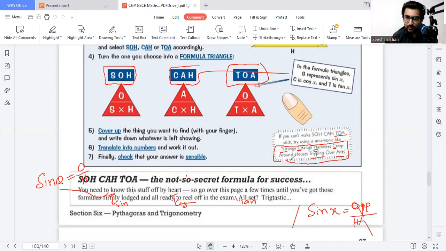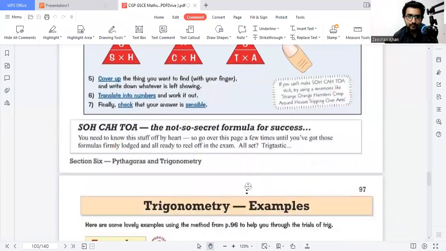Okay, creep around houses. So C is cos x, A is adjacent, and houses is H for hypotenuse. So you need just to memorize this one line and then you will be able to memorize those formulas.